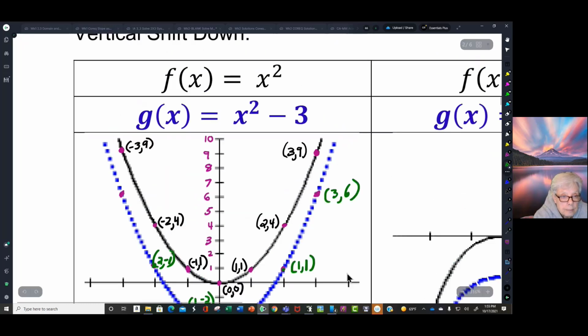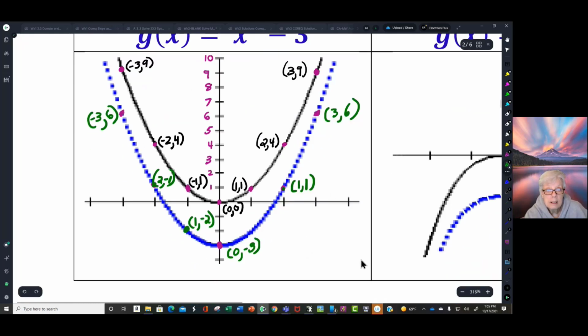And 9 minus 3 is 6, so this is the point -3, 6. So this graph, the basic graph, has been dropped 3 units, and it's still the same shape. We're just seeing more of it because it's dropped down.